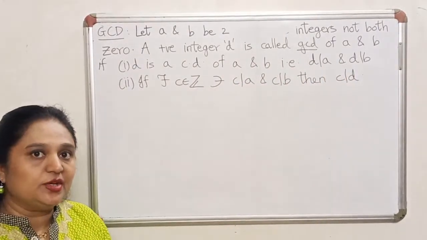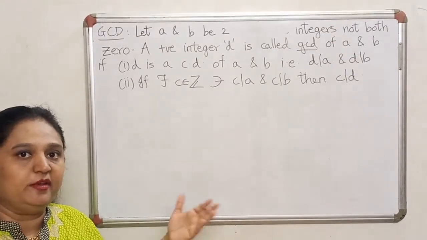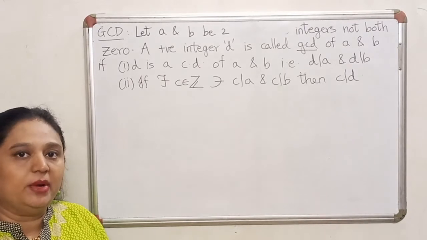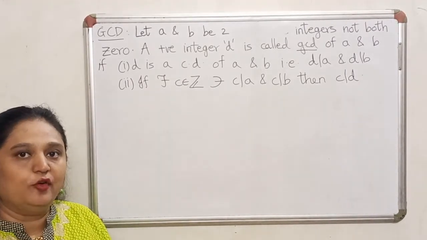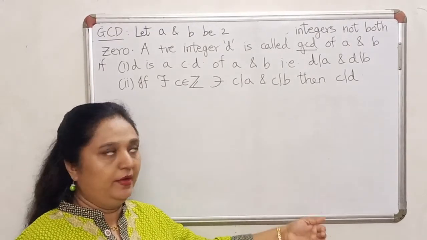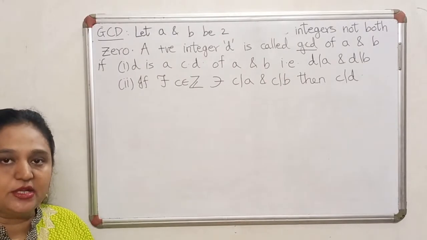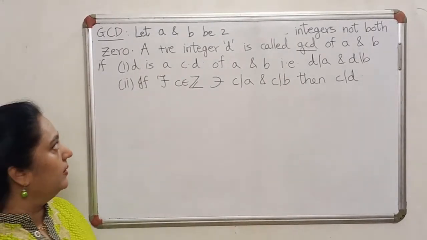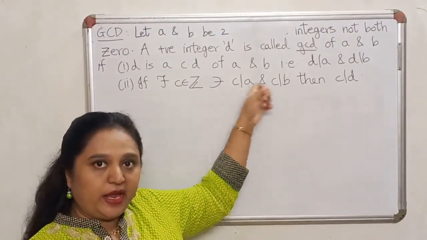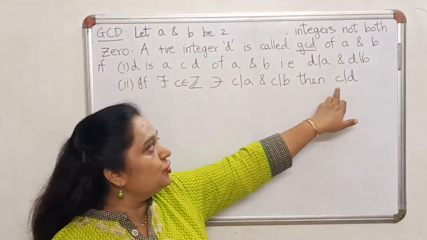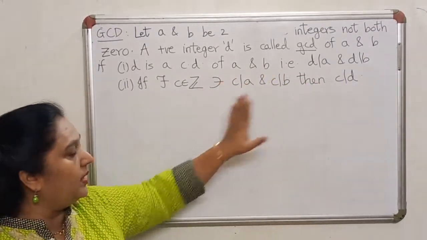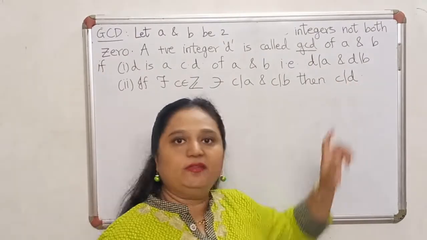And remember, greatest in what sense? I gave you that example of 24 and 36, where if you take any other common divisor, 1, 2, 3, 4, 6, they all happen to divide 12, where 12 is the greatest common divisor. So in exactly the same manner, if c is any common divisor of a and b, then c should divide d.